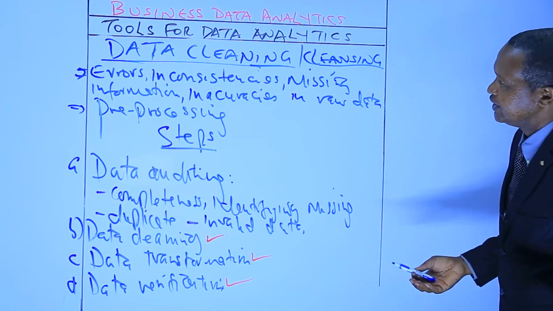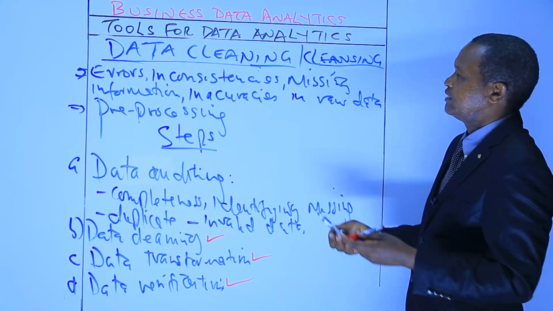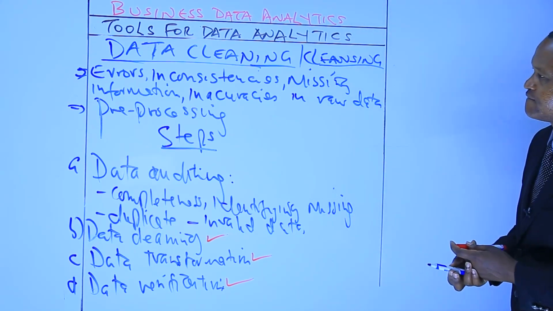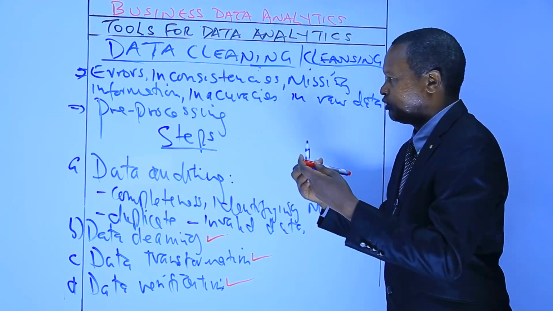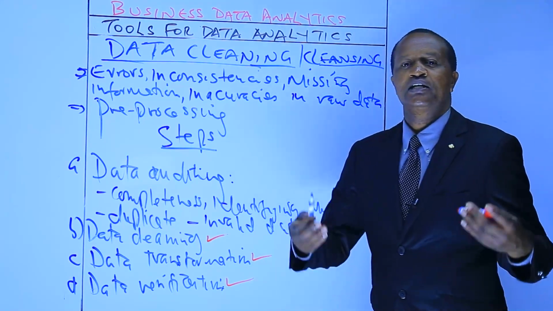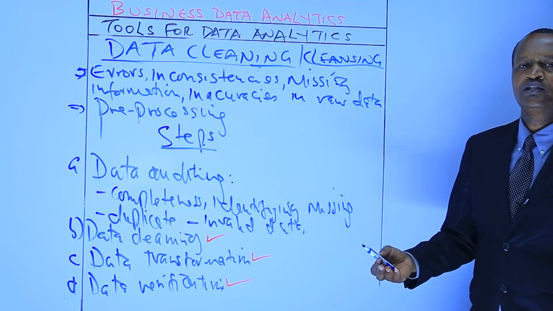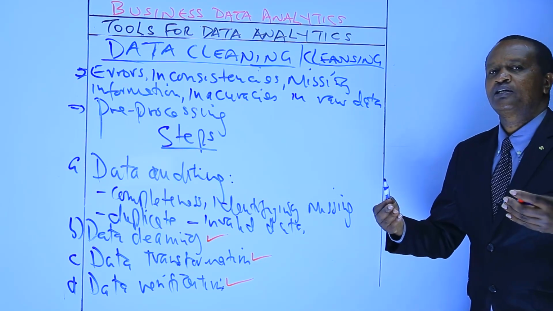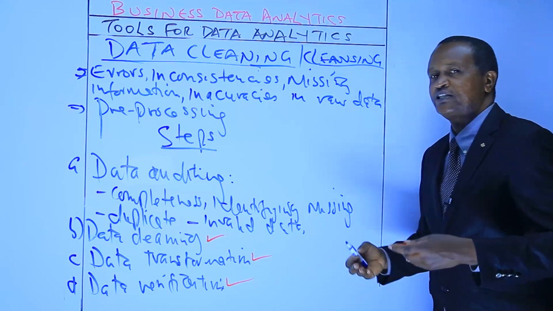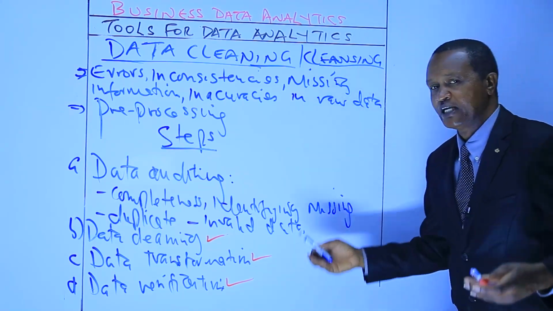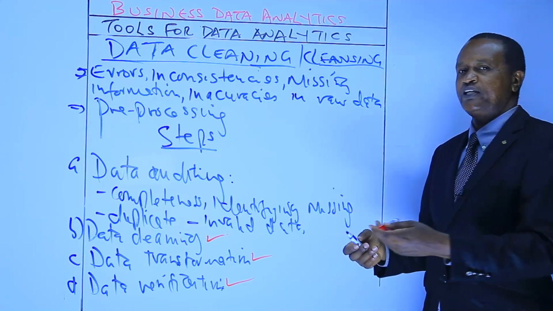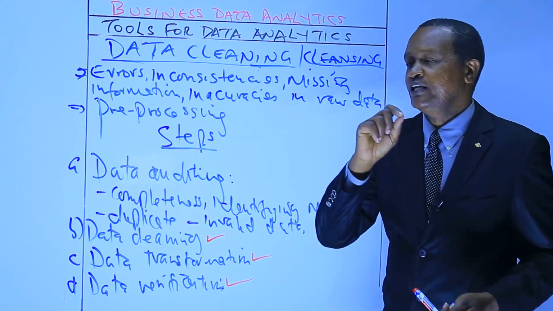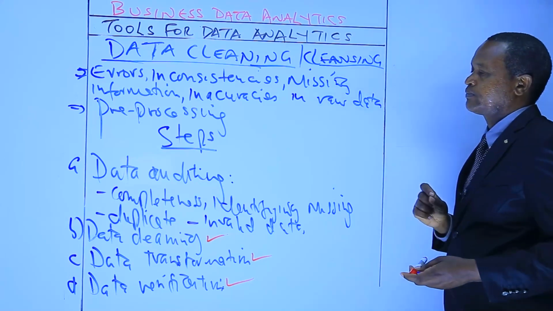So that's the meaning of data cleaning. And finally, I've said the goal of data cleaning is to ensure that data that is used for analysis is accurate, is reliable, and is also consistent, which helps to reduce the risk of errors and biases in the results.